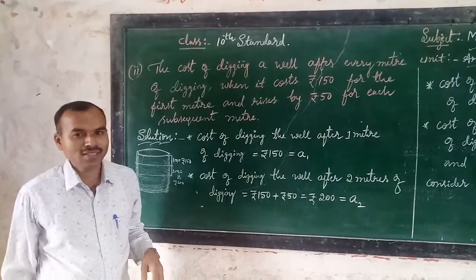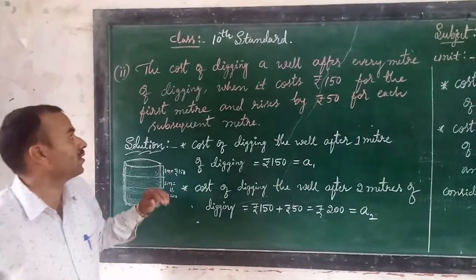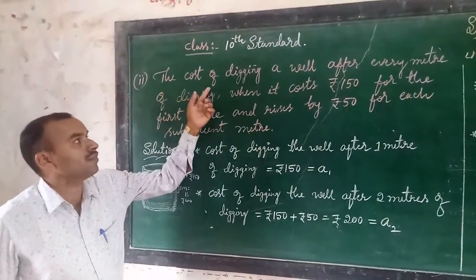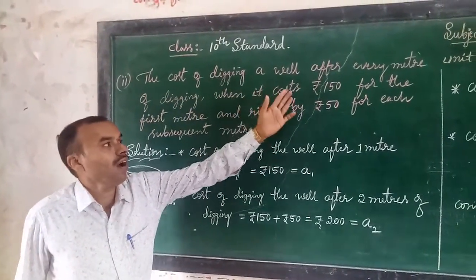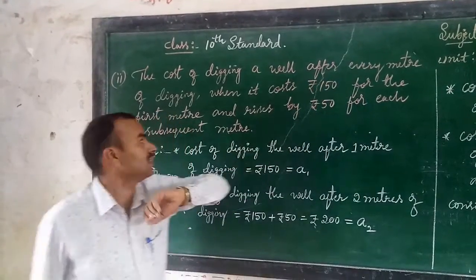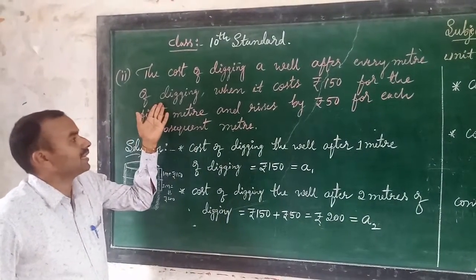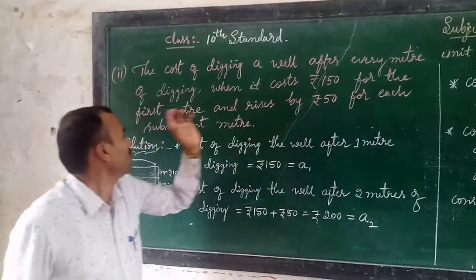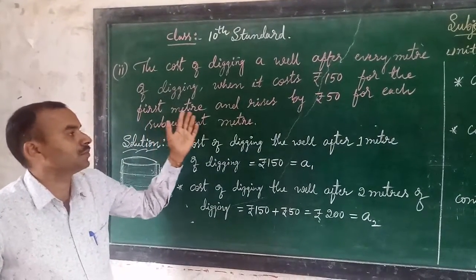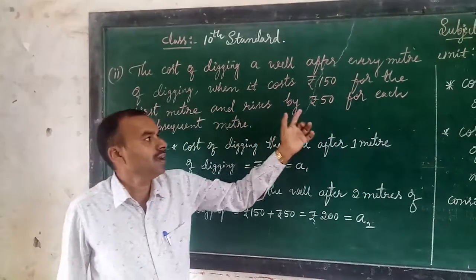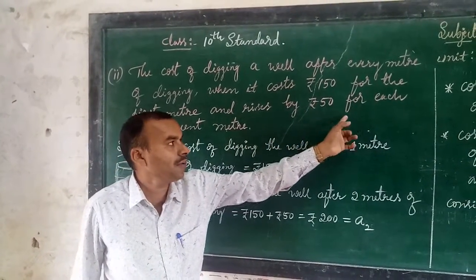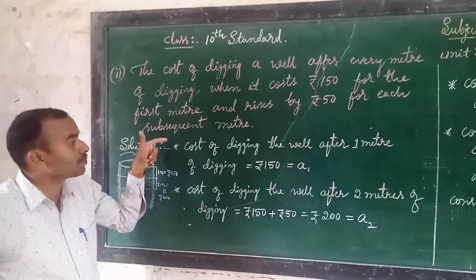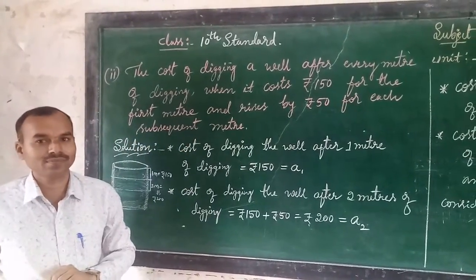Okay dear students, now we take another problem. The cost of digging a well after every meter of digging, when it costs ₹150 for the first meter and rises by ₹50 for each subsequent meter.